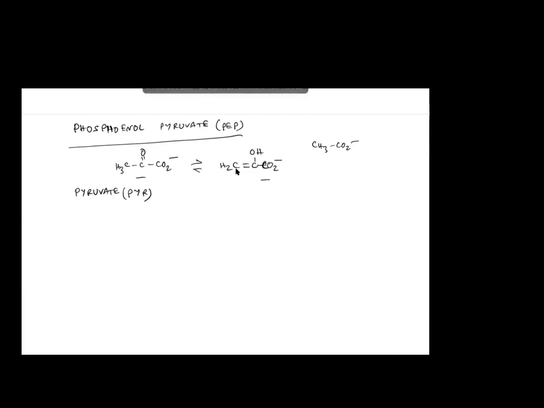So phosphoenol, that's my enol, right? And to add the phospho, how do I do it? I've got to phosphorylate that OH group. So all I got to do is double bond CO, okay? And here I'm going to phosphorylate, add a PI.